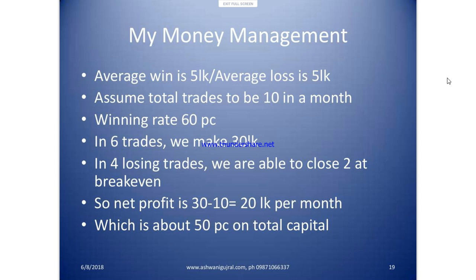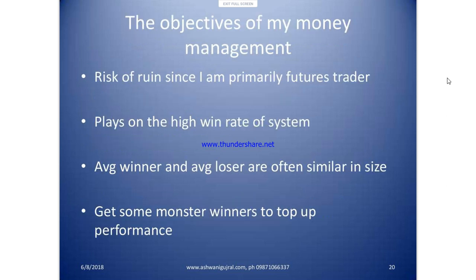For your trading margin of 50 lakh, but overall trading capital of 5 crore. There have to be objectives of your money management plan. For some people, at least futures traders, risk of ruin is most important. For somebody else, it could be protection of capital.